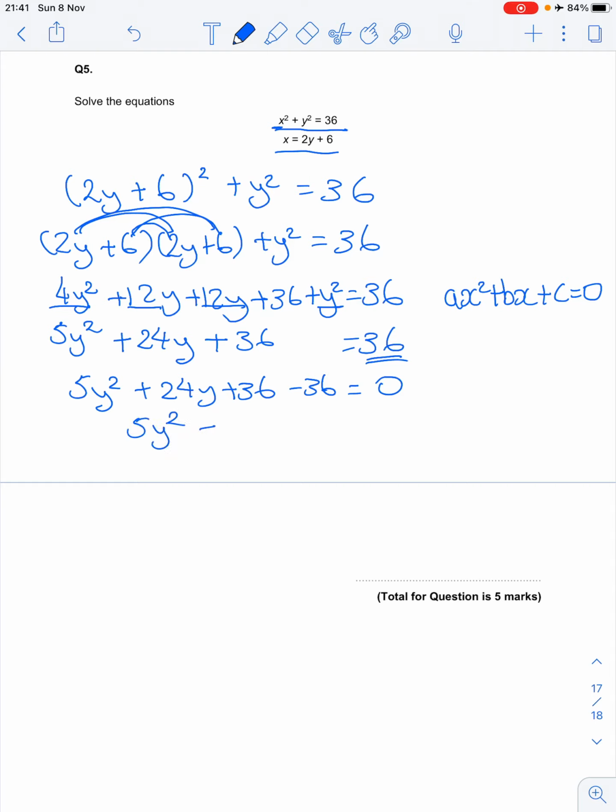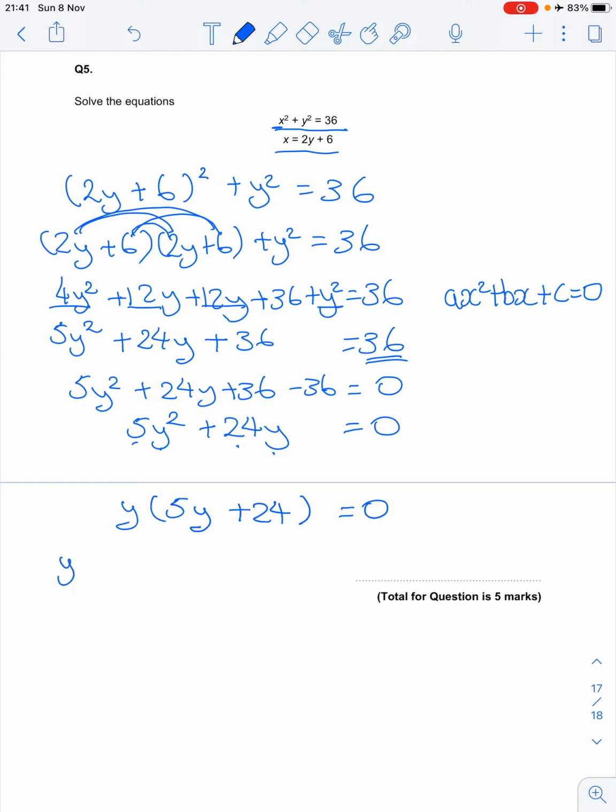Simplify this, it becomes 5y squared plus 24y equals 0. So remember to take the highest common factor out. I can't take out the numbers, so I can only take the letter y out. This becomes y(5y plus 24) equals 0.